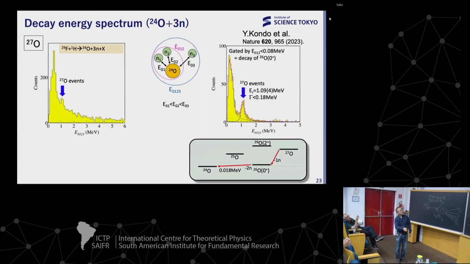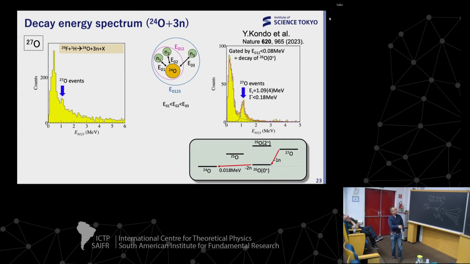You indicated oxygen 27 in the figure, but this is indeed oxygen 26 plus 1 neutron, not in the oxygen 27 state. Okay, yes, you can say that.